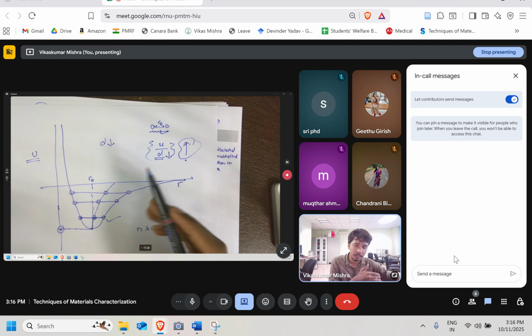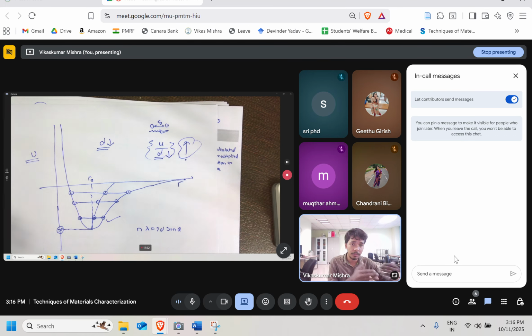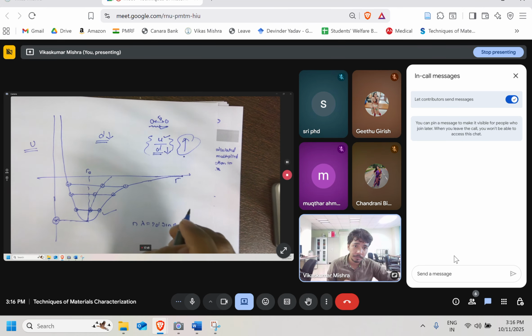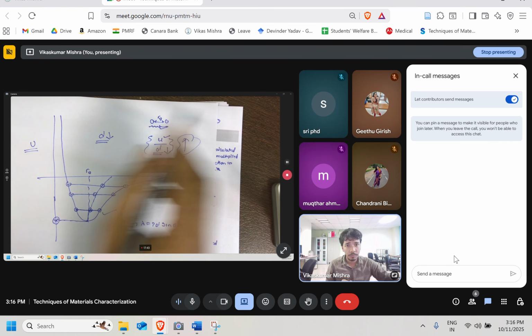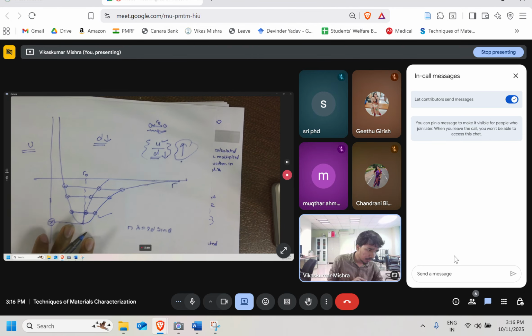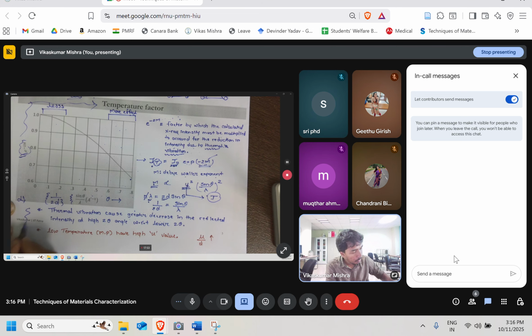So the planes which are separated with a very small d spacing are going to be affected more, even with a slight change in u, compared to the ones at higher d, the interplanar spacing where the d values are quite high. These are the two important points which I wrote.